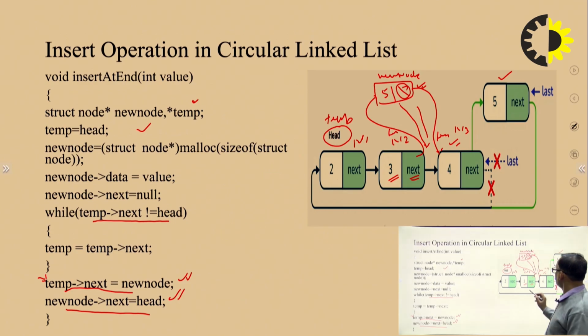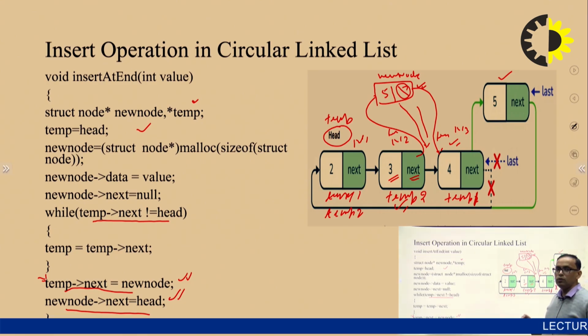Initially this is our temp1 and this is also our temp2. So we have to move temp1 and temp2 in this way until temp2 refers to this node, after which we have to insert the new node. And temp1 should refer to the node next to temp2.